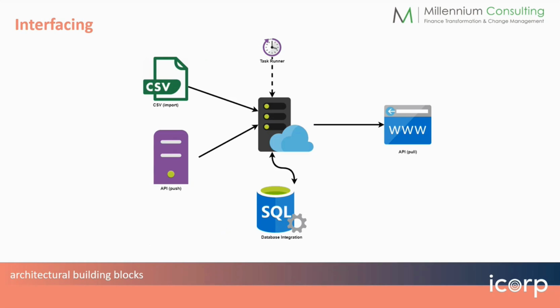Well, interfacing, it's actually an interesting topic for me because there's lots of technology taking place here. But it's also very important to make sure that we have all ingredients within the system. And let's start with the CSV import. Whenever I see CSV import, I think there are more optimization opportunities possible.